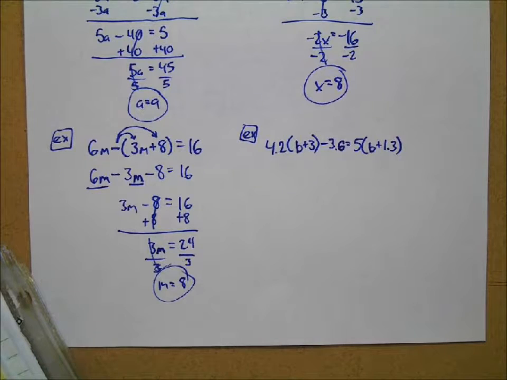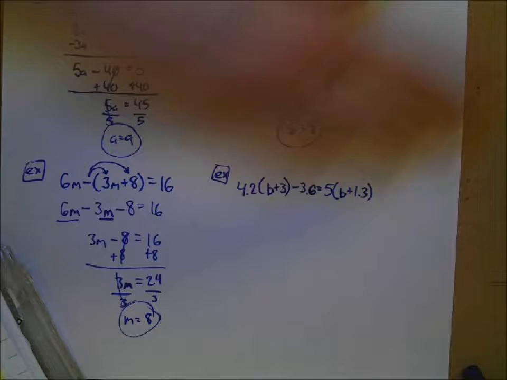So 4.2 parentheses b plus 3 parentheses minus 3.6 equals 5 parentheses b plus 1.3. I'll come and walk around and help some too. I don't want to give away too much there.